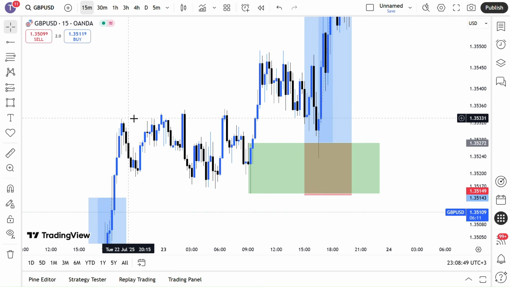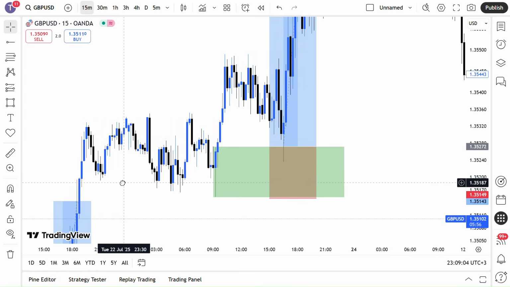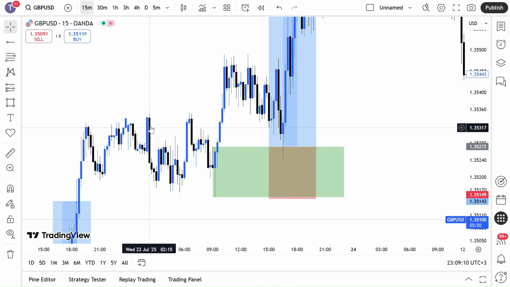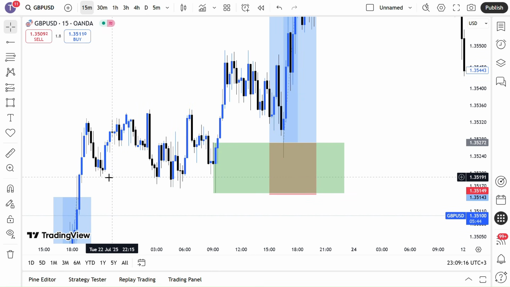So here the market breaks structure, came back down to break the structure to the downside. After taking this high, the market came back to break this structure to the lower side. After breaking this structure, the market again came back up to trap those traders that were going to take sales from this zone, because they identify this as their break of structure.